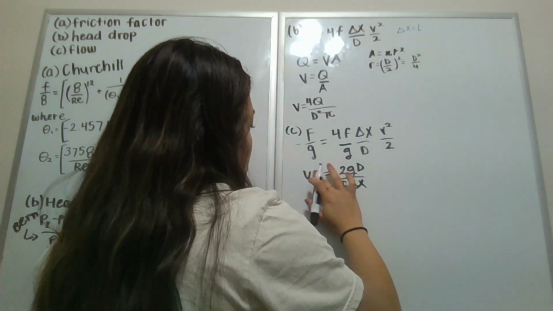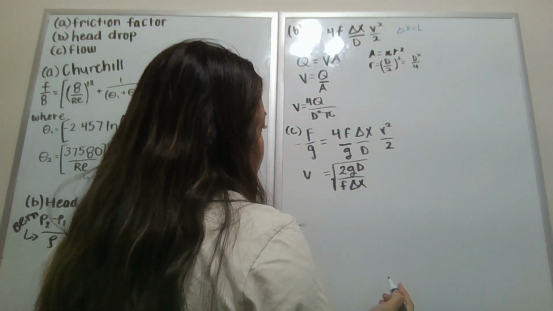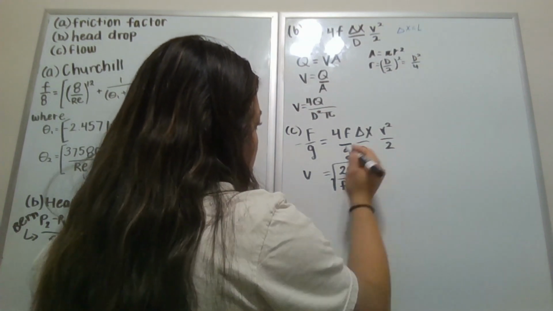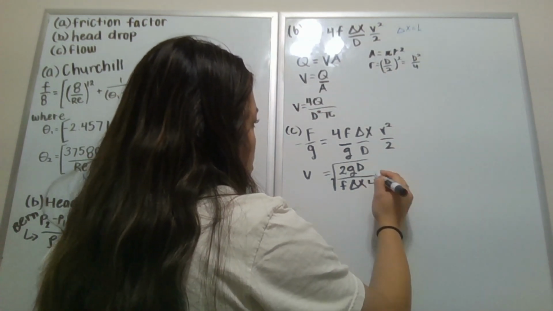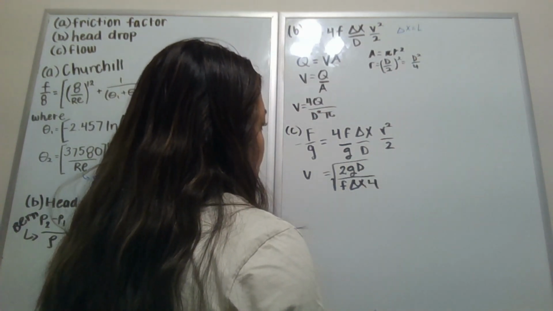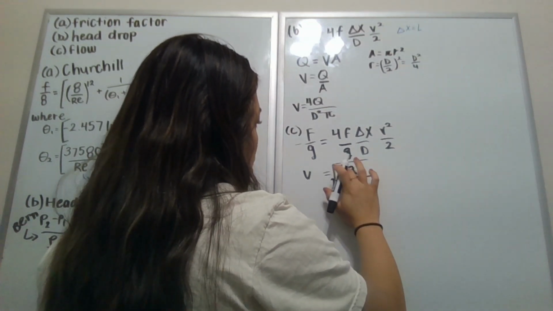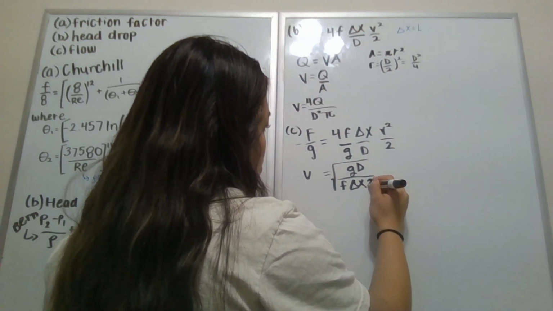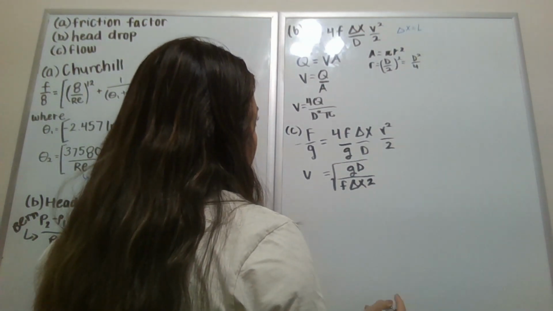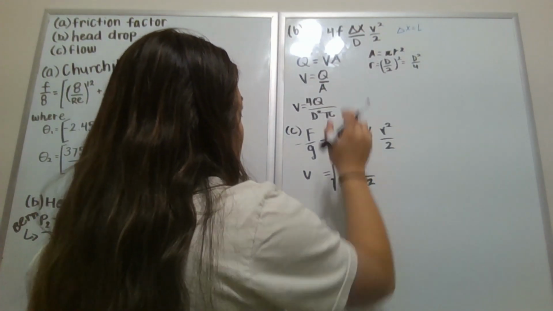To get rid of the squared, we're going to take the square root. We also have the 4 here in the denominator, but we'll cancel that out with this 2 here, leaving us with just a 2 in the denominator. Then we can plug this in to this equation.